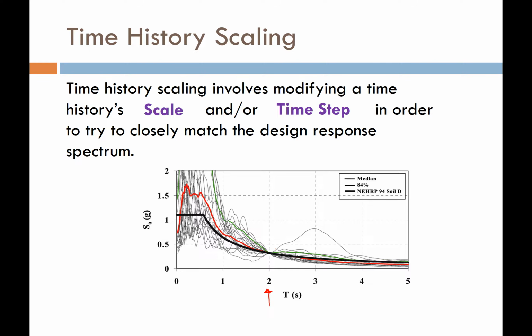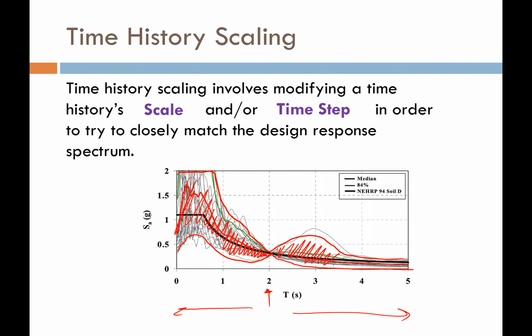But see, now we've got maybe a challenge, or it depends on who you're talking to. Some people call it a challenge, other people call it a good thing. If you look at any other period along this in our spectrum, you can see that, man, we have a really broad range of spectral accelerations that we're dealing with, such that anywhere in this range here, we could expect to get a spectral acceleration at those different periods.